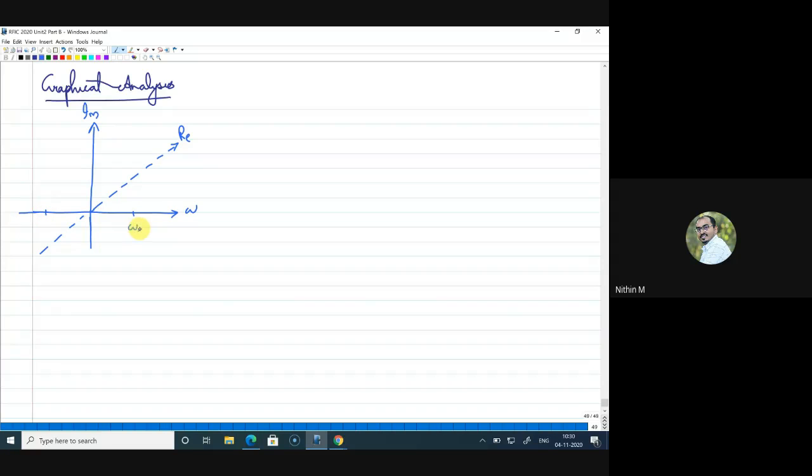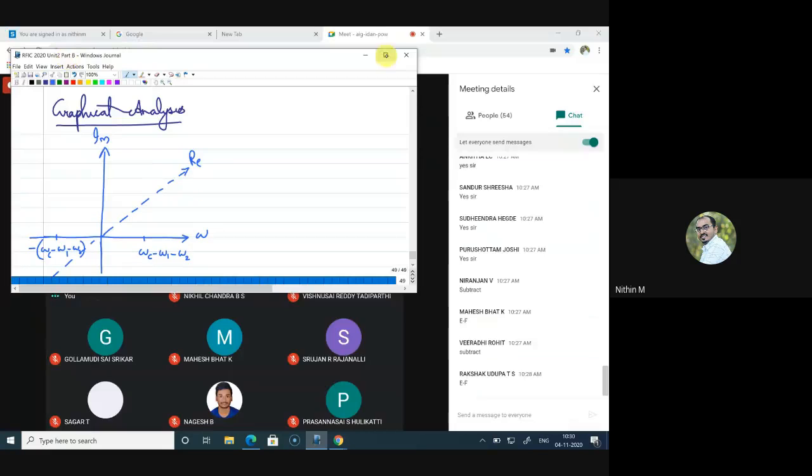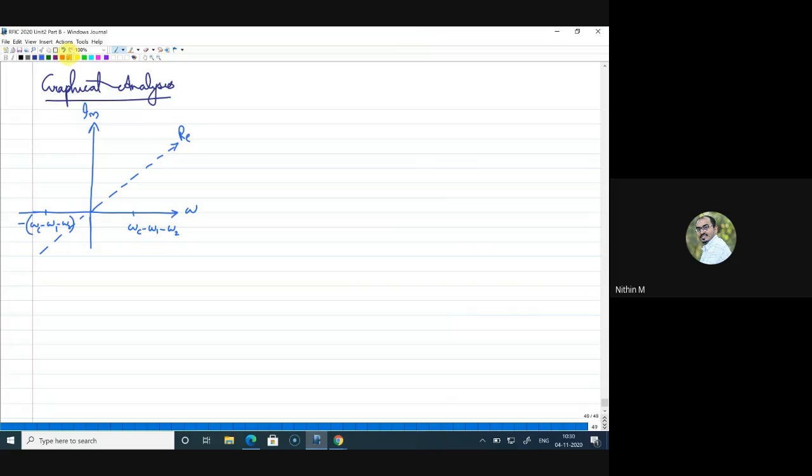So I'll write the signal here. It is omega c minus omega 1 minus omega 2, which is the signal component, and on the other side it is minus of omega c minus omega 1 minus omega 2. This is the signal component, which has real amplitude.